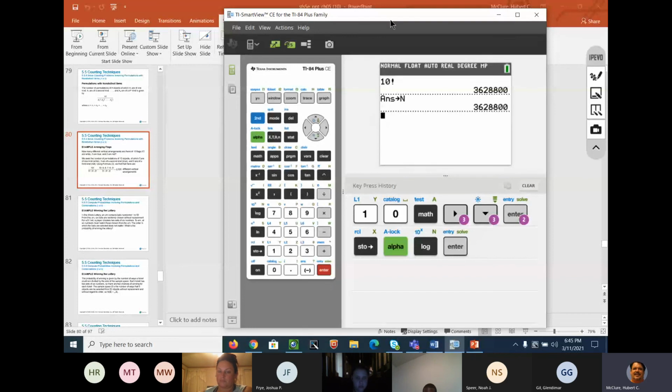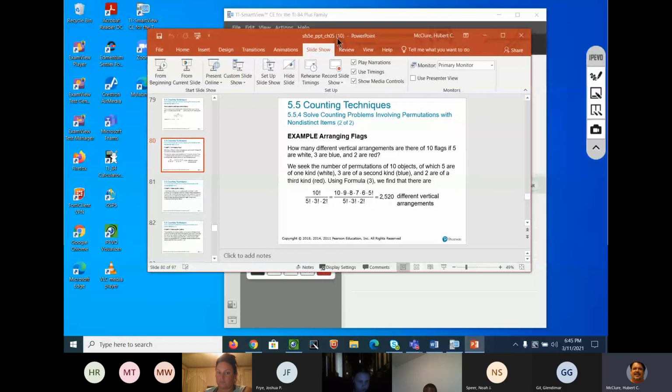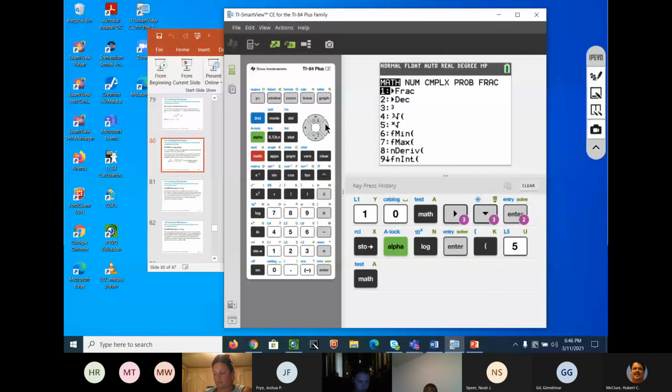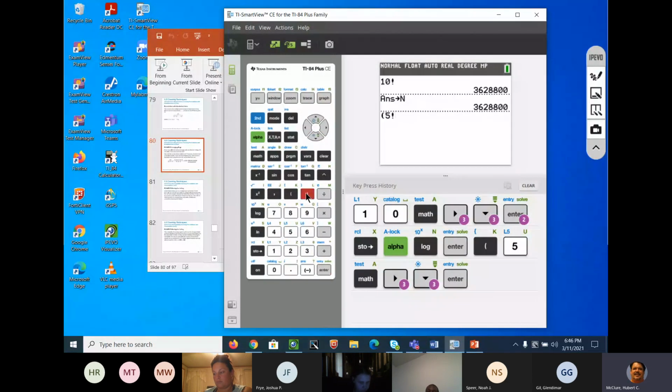Now I'm going to do the bottom. 5 factorial times 3 factorial times 2 factorial. Now this is the easiest way to do it. Parentheses, 5 math, probability, factorial, close parentheses, times, open parentheses.